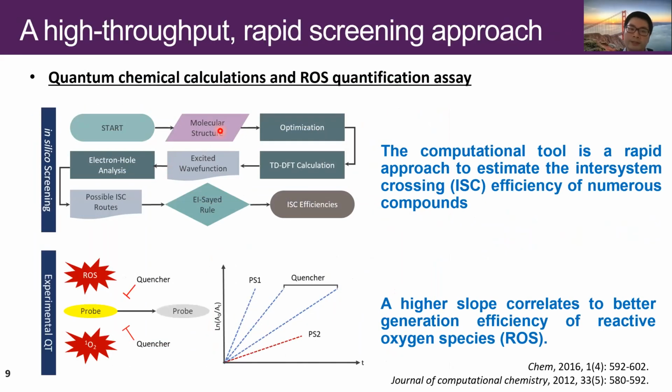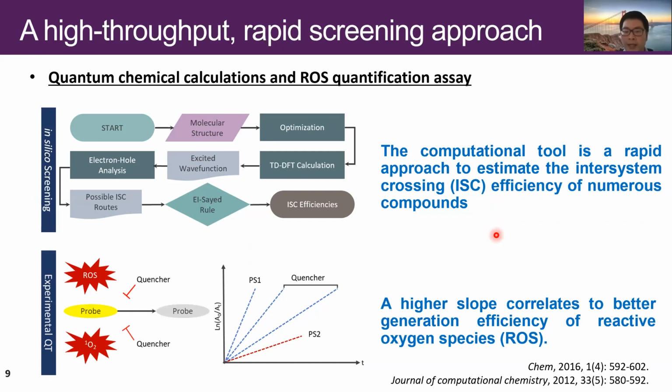So in this case, as we said, we developed a high throughput rapid screen approach based on quantum chemical calculations, combined with the reactive oxygen species quantification approach. The computational tool can help us calculate the inter-system crossing efficiency of different compounds.